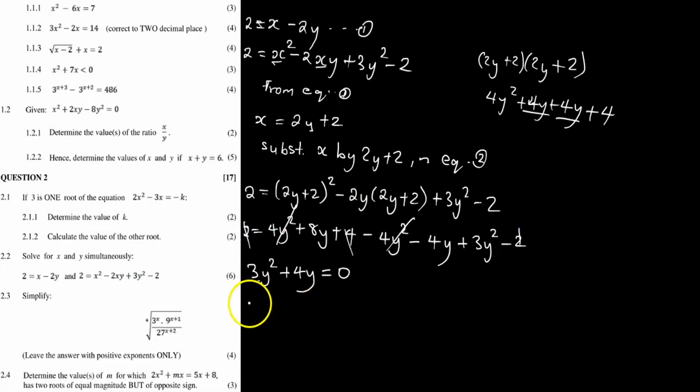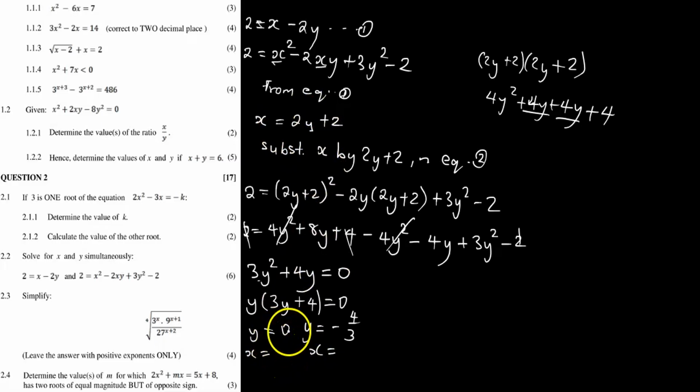And then y into 3y plus 4 is equal to 0. y is equal to 0, or y is equal to negative 4 over 3. And then we find the corresponding x values. So the x values, we can just find them using this equation.